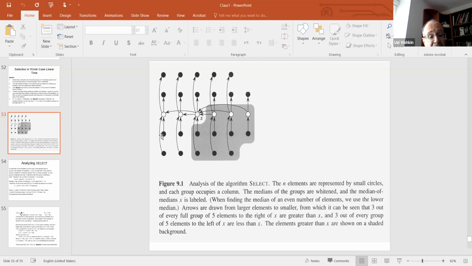So these 2 elements are larger than this guy, and this guy is larger than these 2. Okay. So far, the only thing that we did is internal to each group of 5, we found the median.